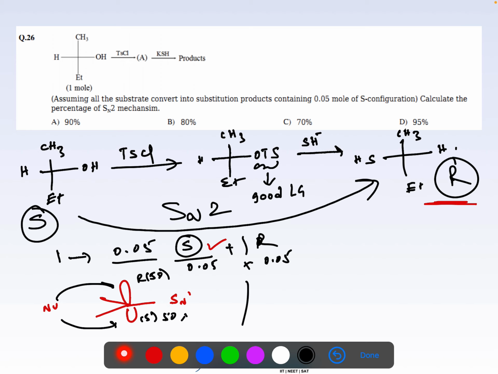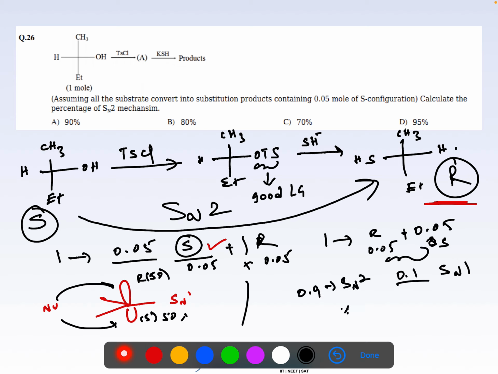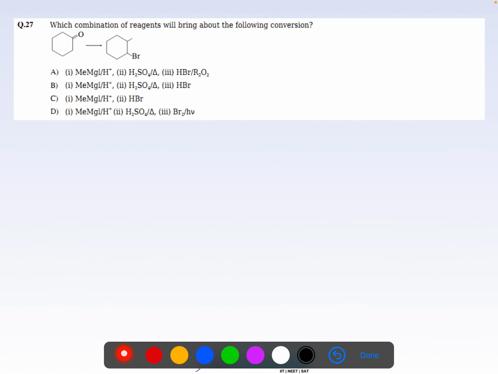So out of 1 mole, 0.05 mole of R and 0.05 mole of S, that is total 0.1 mole, is reacting through SN1 mechanism. So that means 0.9 moles is reacting through SN2 mechanism. So the percentage of SN2 will be 0.9 out of 1 into 100, that is 90%. Option A will be the answer.